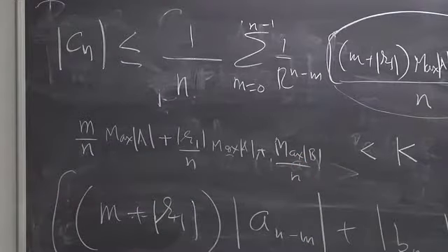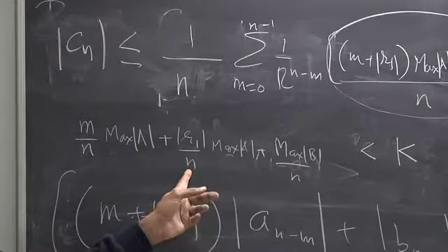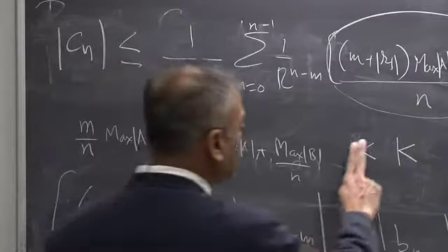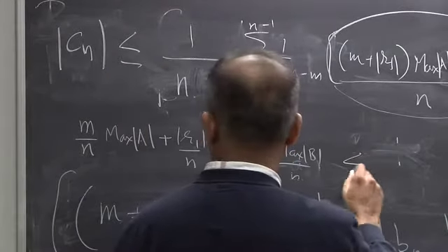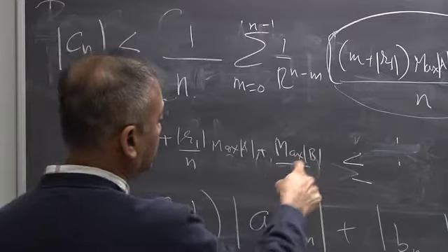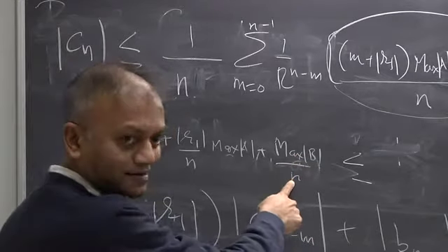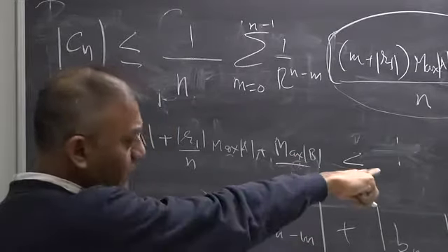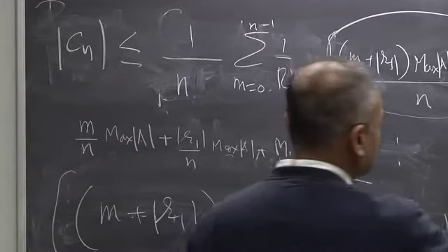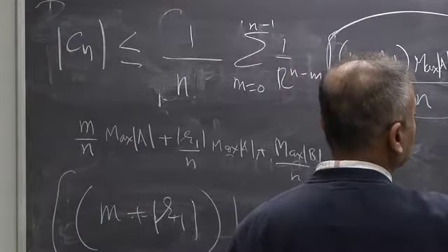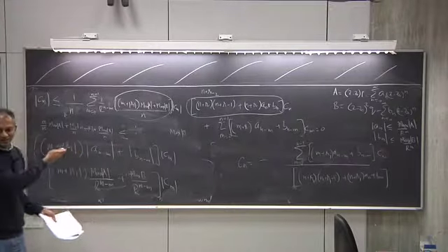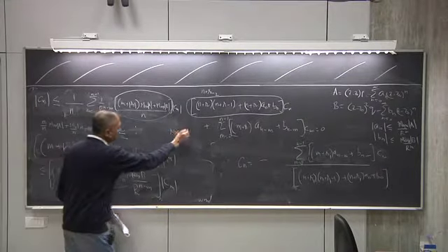Well, n is certainly greater than or equal to 1, so I can replace this n by 1, because we are looking at an upper bound. So I can just write it as max B. This is not at all strict, because we don't need it.